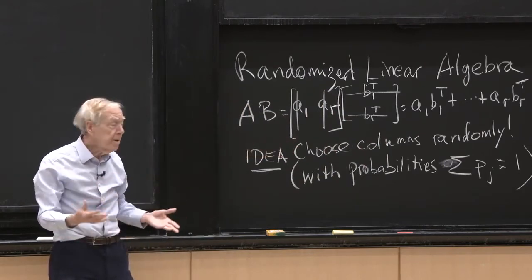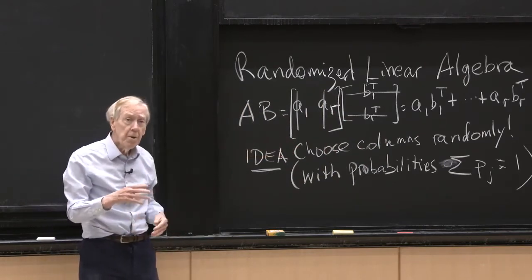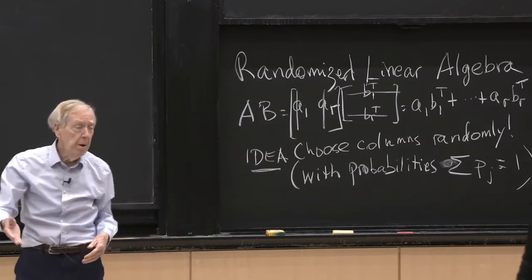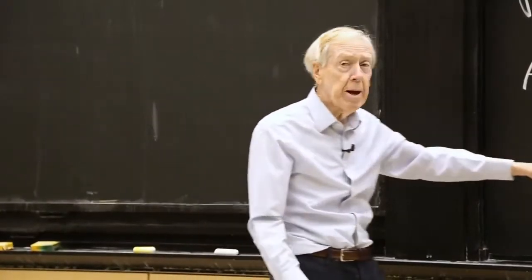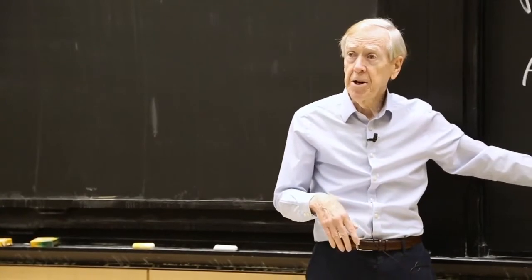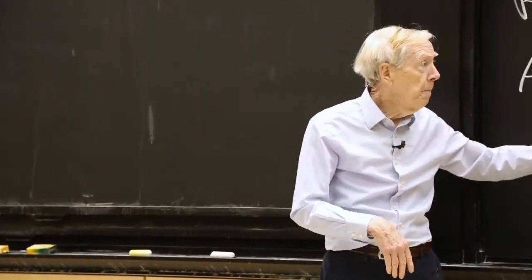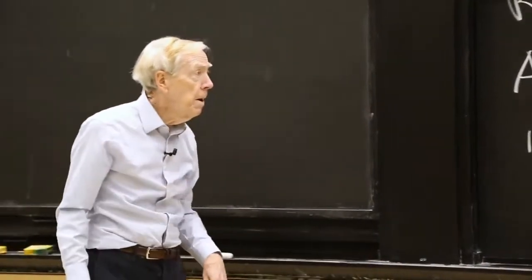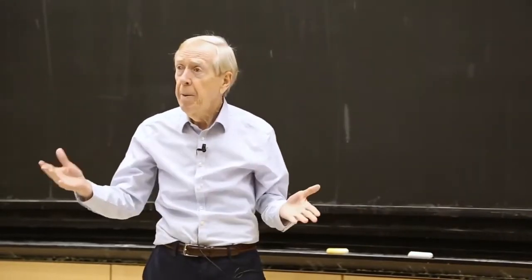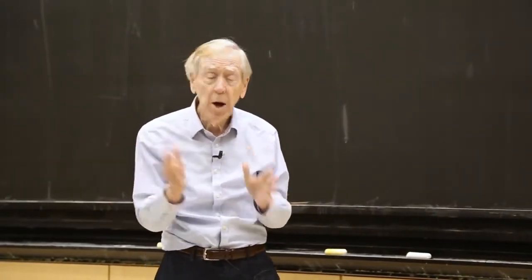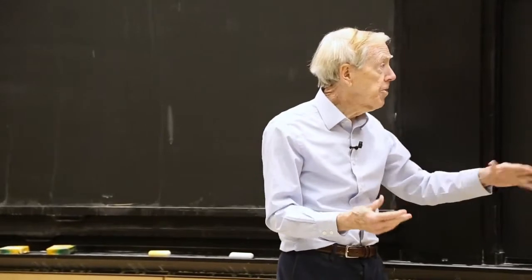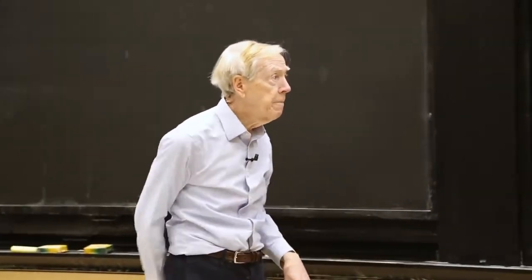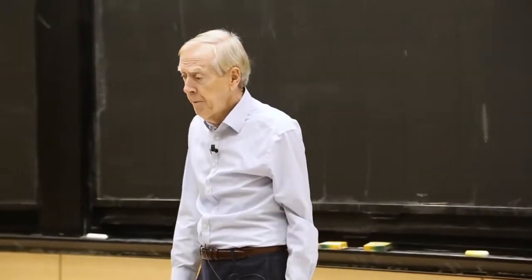We're going to take different ones, randomly sampled, with probabilities. We have to decide probabilities. And then we'll add up our samples, and we hope that the result is close to AB. That's the idea. Okay.